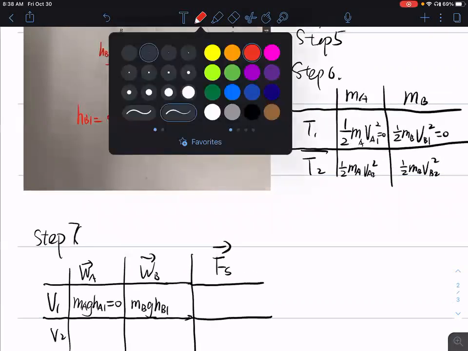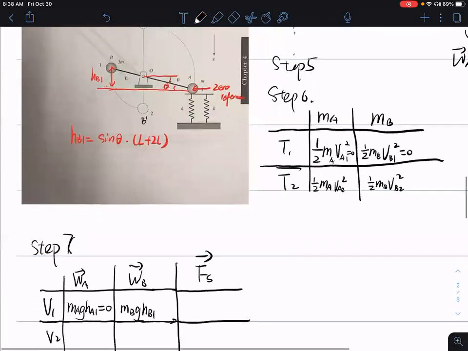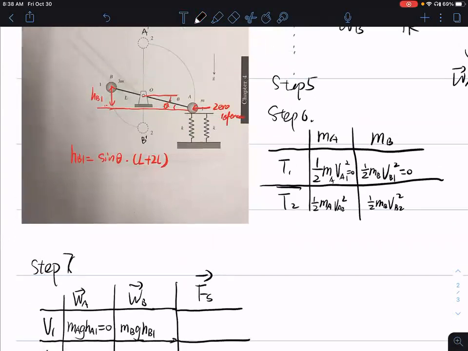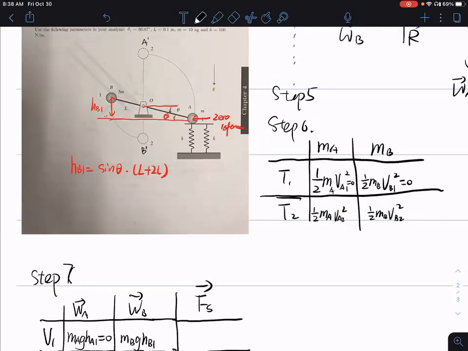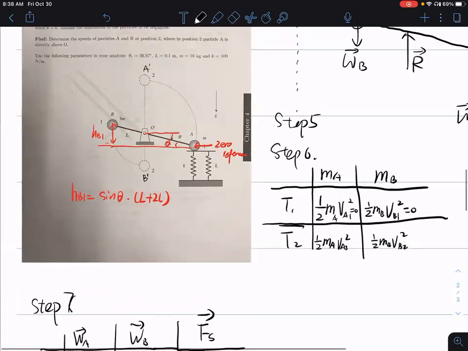Now let's look at the potential energy for A and B at position 2. At position 2, my A is all the way above point O, so that's pretty easy to calculate. The height hA2 equals 2L plus a distance we have to calculate, which is sine theta times 2L.